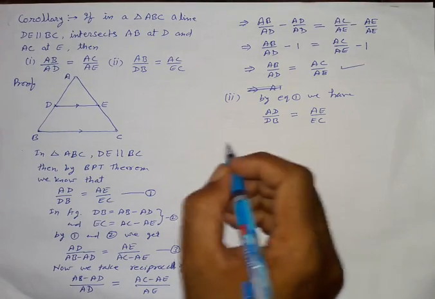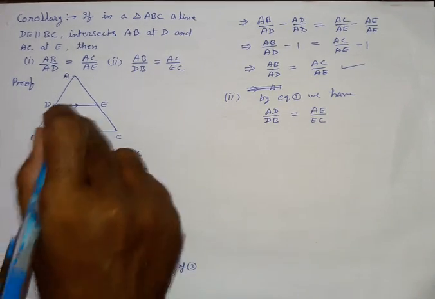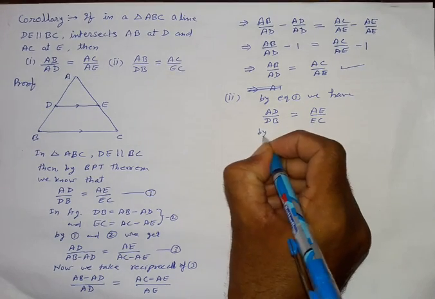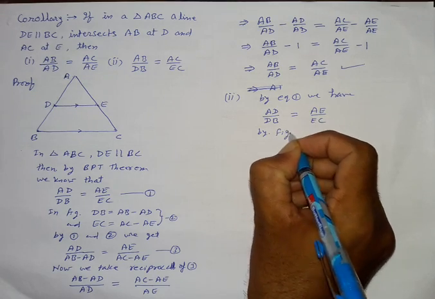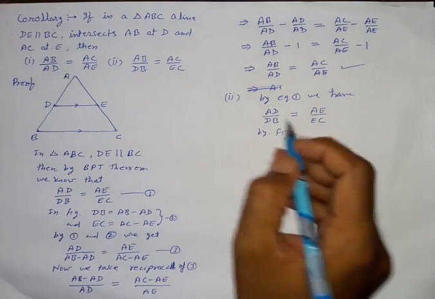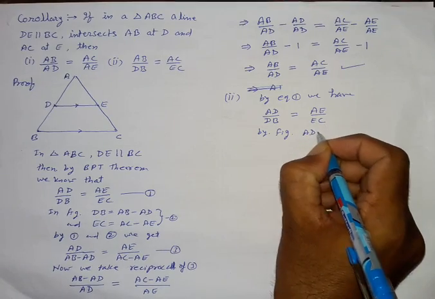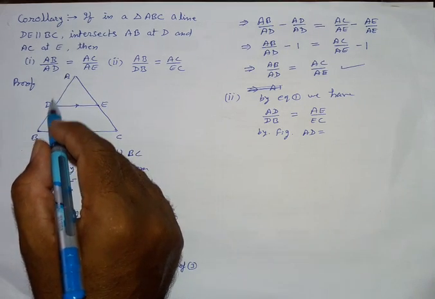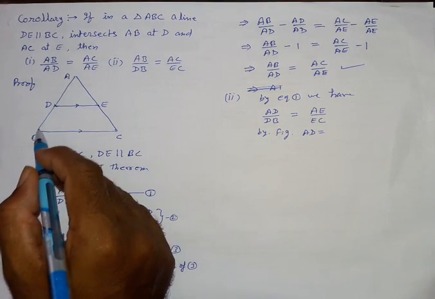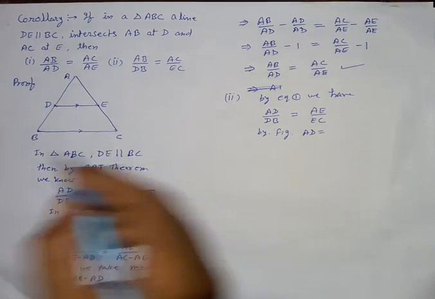For this work, we see in the figure, and we get by this figure the value of AD is equal to AB minus DB.